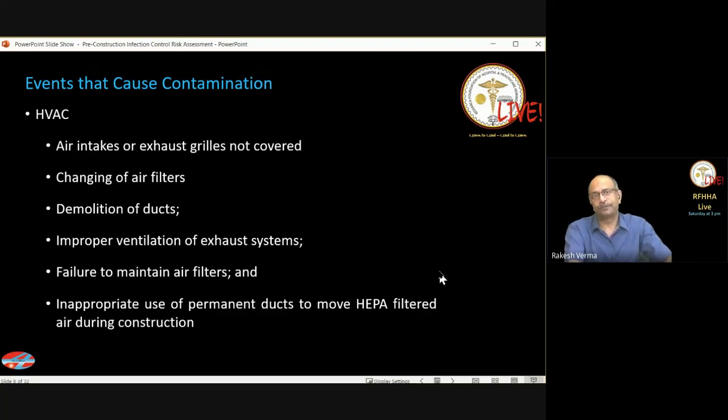So when you have one part of the hospital under construction, we either seal off that portion, block the air conditioning or the HVAC system duct, and then we reroute the air conditioning duct. When we do this, we need to be very sure from where the air is being taken and to where the air is being supplied. This is an important aspect because air quality will be adversely affected if we don't look at it.